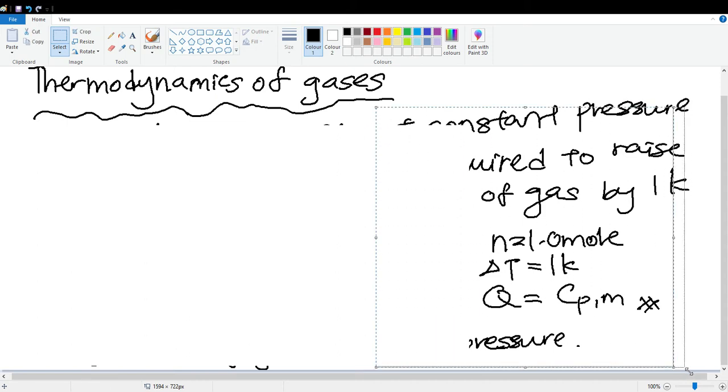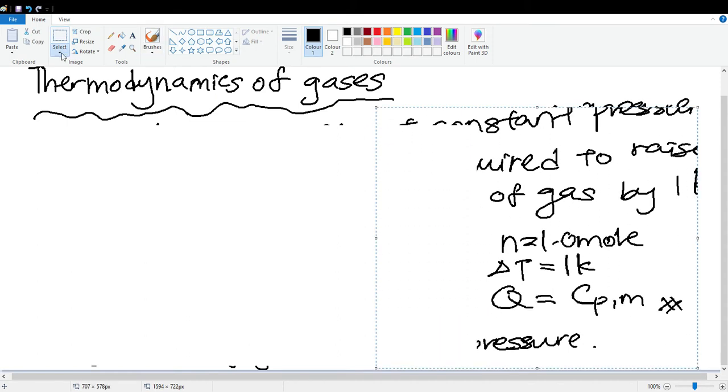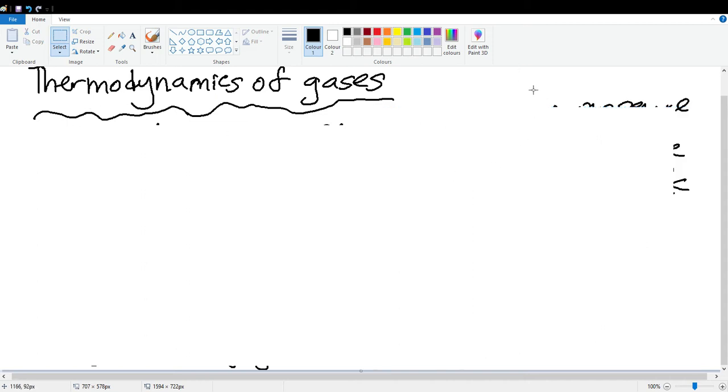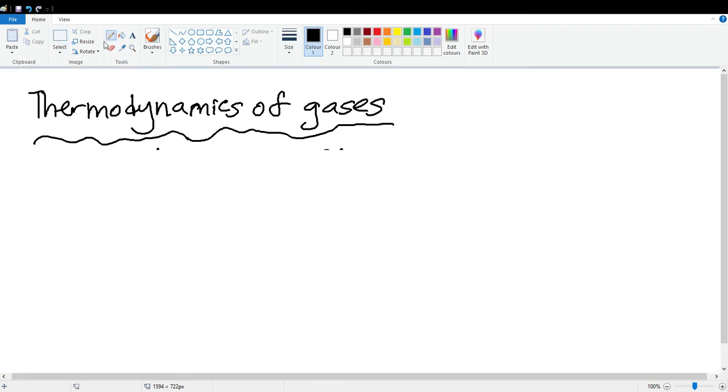For constant volume, we have Q equals n C_v,m delta T. This is the heat required to raise the temperature of 1 mole of gas by 1 K at constant volume.